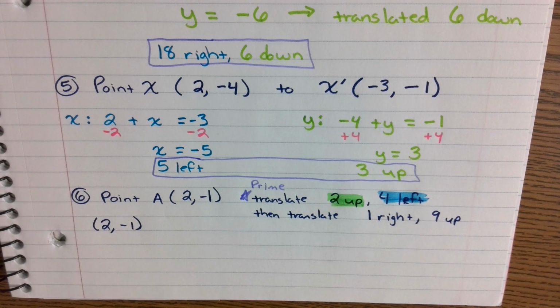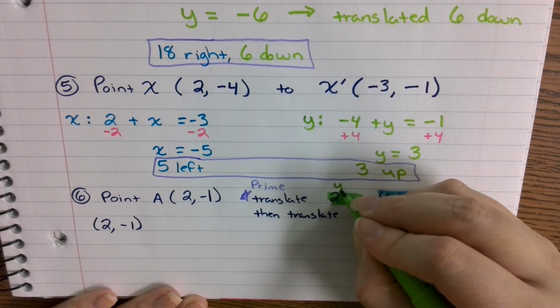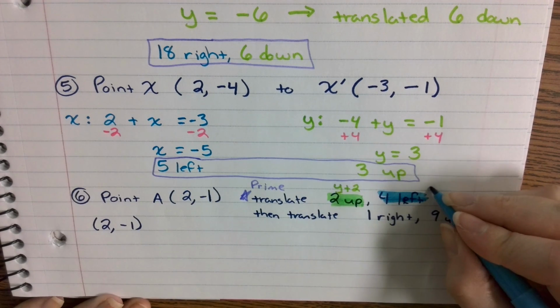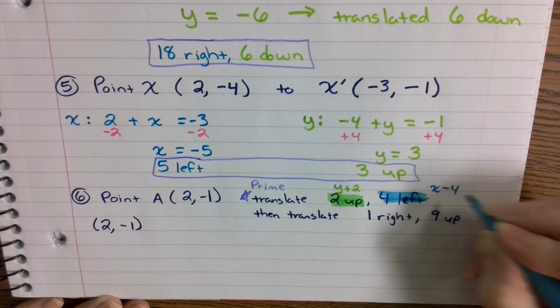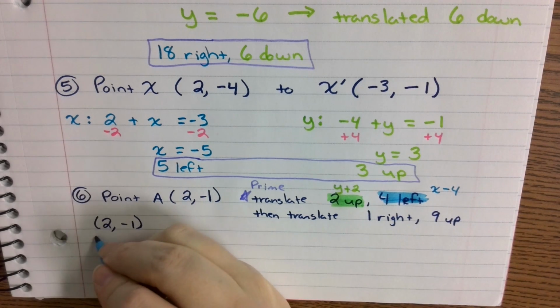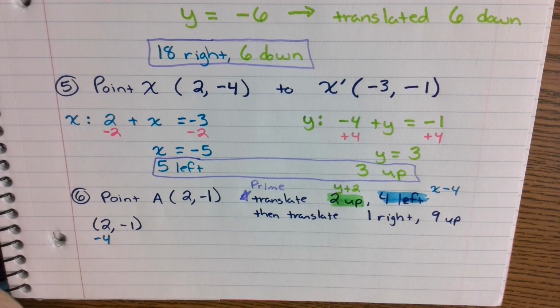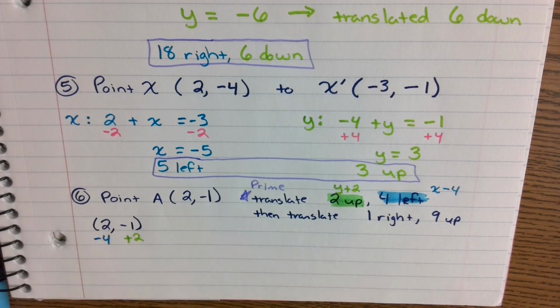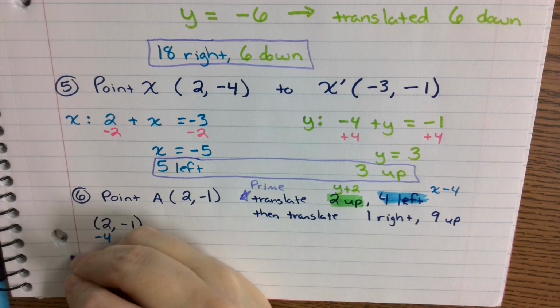By going 2 units up, that means I'm going to take my y value and add 2. 4 units to the left means I'm going to take my x value and subtract 4. So coming over here at my original point, I'm going to subtract 4 from the x and add 2 to the y. And that's going to end me at a prime.